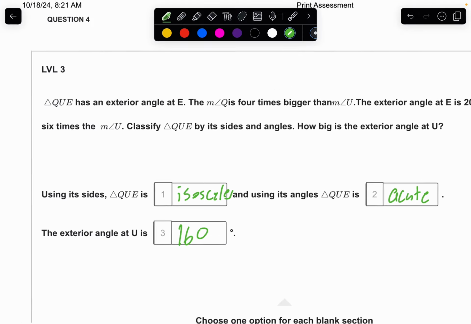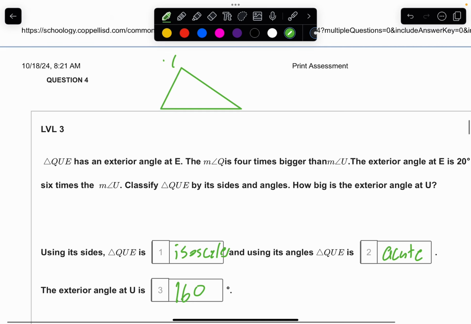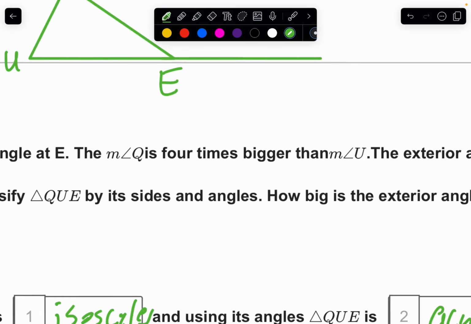All right, triangle QUE. So I'm going to draw that out. Triangle QUE has an exterior angle at E. So I'm going to move that E down here. I'm going to draw an exterior angle at E. Q is 4 times bigger than U. So this is from Algebra 1.